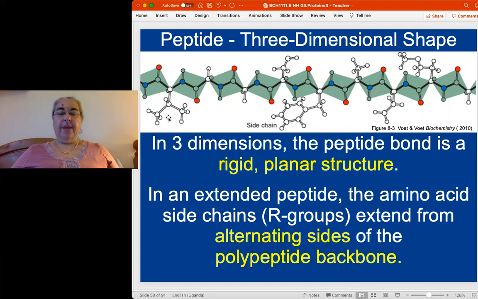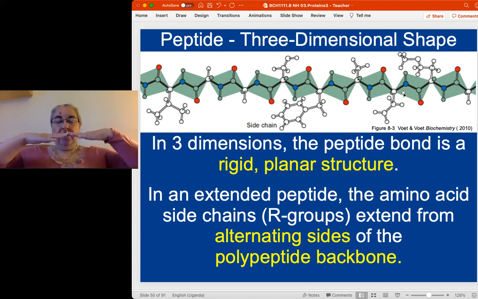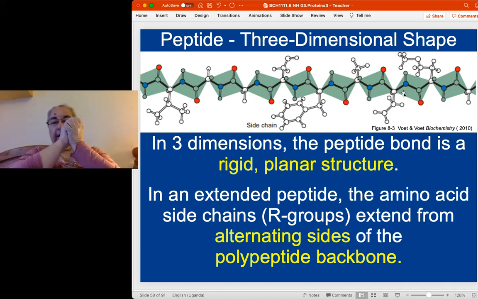And we've seen the way that the R groups stick out on opposite sides of the chain, on alternating sides of the chain. So the question is, how does this polypeptide, which we're seeing here just in a long line format, fold up and come together to make the three-dimensional shape of a finished protein?